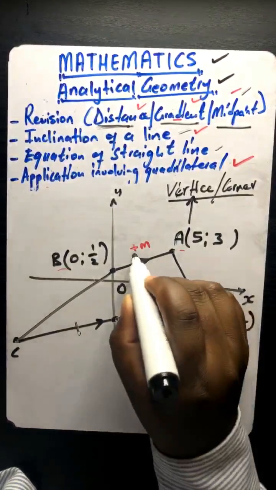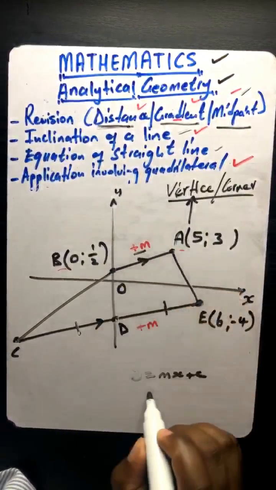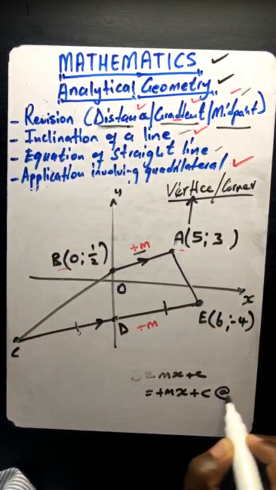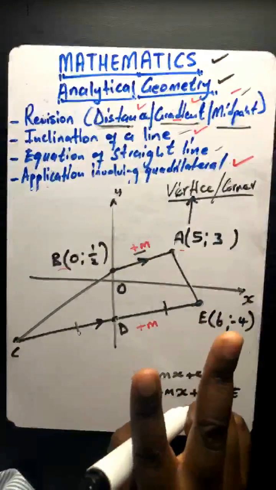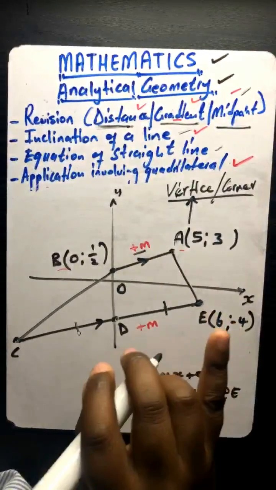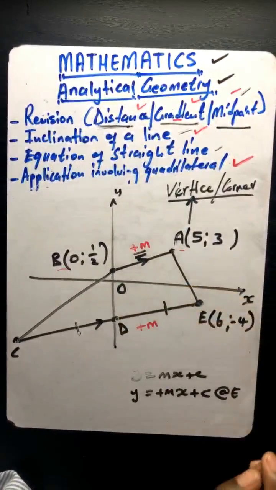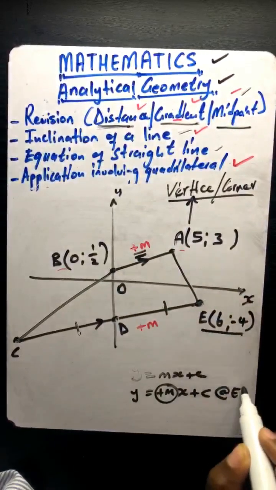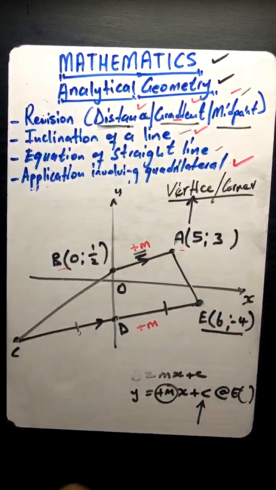You calculated the gradient of AB, which is the same as this one. So can you see what I meant when I said it's either you have two points or you have one point and an answer? An answer has been indirectly given to you, or you've calculated it. So you just substitute it there, and then you use that point, being point E, to calculate the c value. Then you give an equation of a straight line.